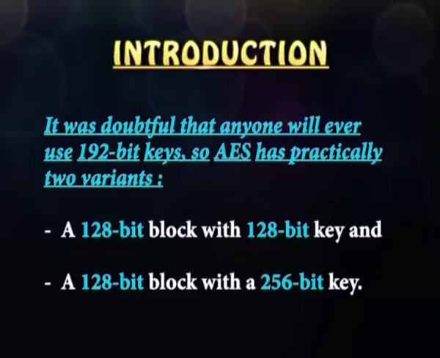So, AES has practically 2 variants: a 128 bit block with 128 bit key and a 128 bit block with a 256 bit key. In this lecture, the algorithm we will discuss will have only 128 bit key with 128 bit block data.